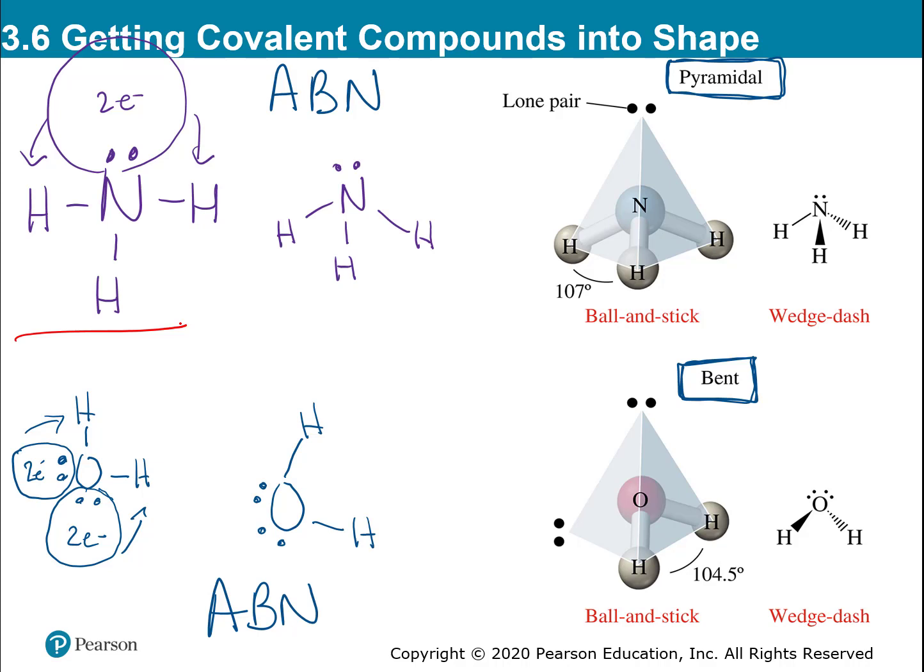But the thing to remember is nitrogen's different than carbon because nitrogen has these 2 non-bonding electrons. Those non-bonding electrons take up their own space around the nitrogen. They are negatively charged because they're electrons, so they will repel the electrons that are part of bonding pairs.